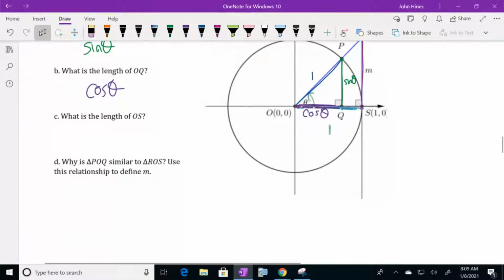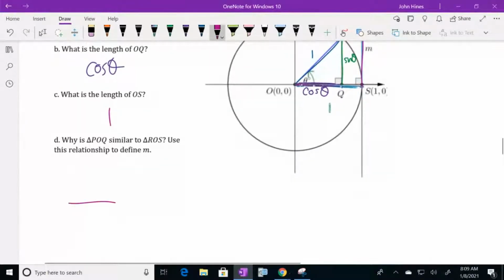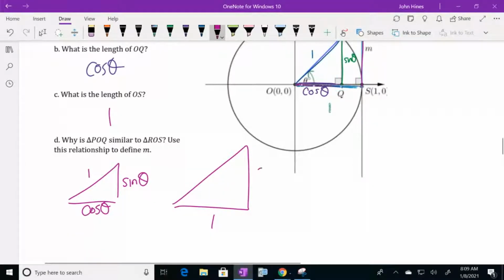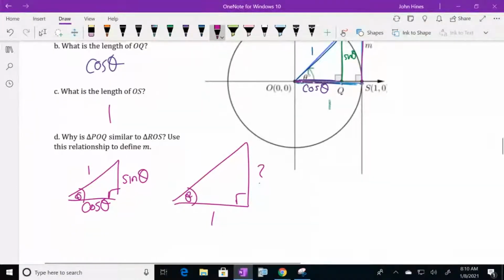So guess what this side ends up being? And it comes from similar triangles. So I have my little triangle here, my 1 cosine triangle. And then I have this bigger triangle that's 1, we don't know what that is. And I know they're similar because they both have right angles and they both have angle theta there. Oh, the bell's ringing.